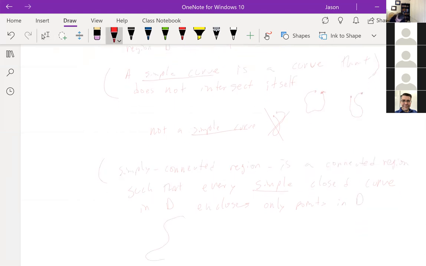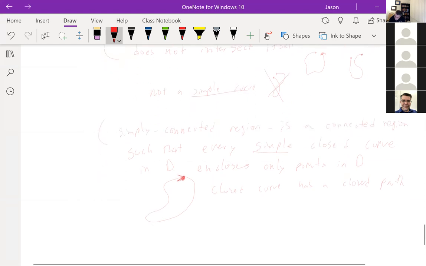Okay, so an example is this guy. This is a simply connected region, right? Because this is a simply connected curve. A simply connected curve is a curve that connects itself, so it's a closed path. A closed curve has a closed path.